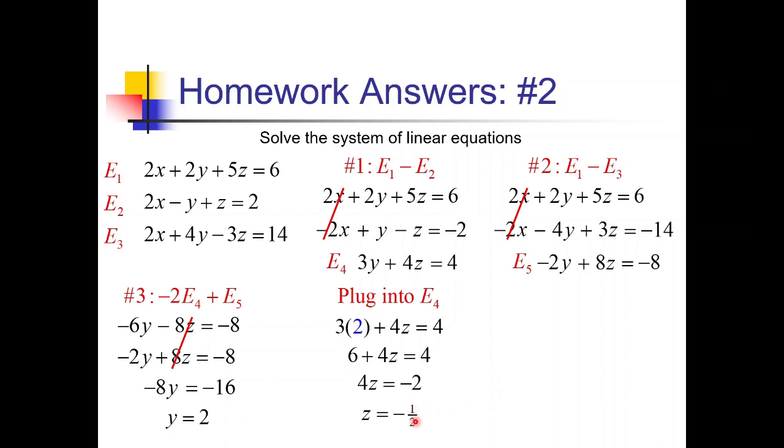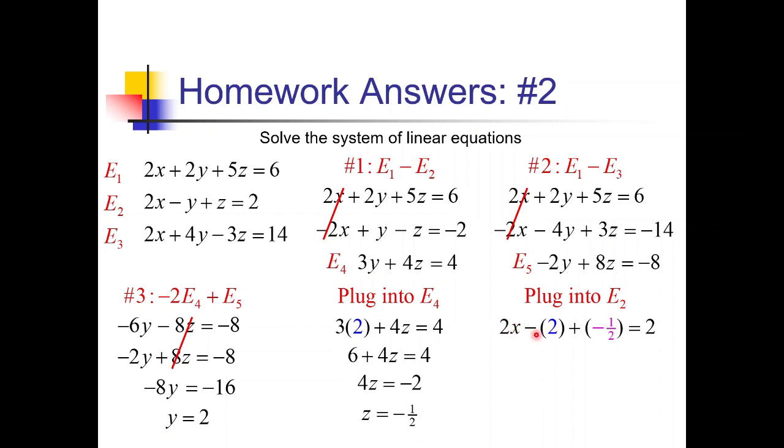I'm going to plug both of those back into one of my original equations. Now out of the three here, the one that looks like it might be the easiest to work with is this E2, just because I have fewer coefficients that are not 1 in this one. So let me plug all that back into E2.